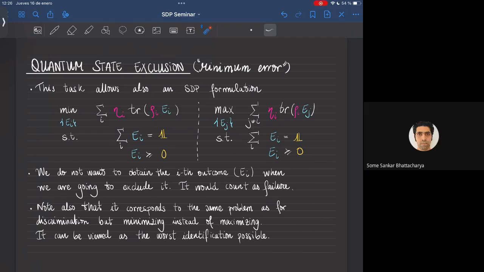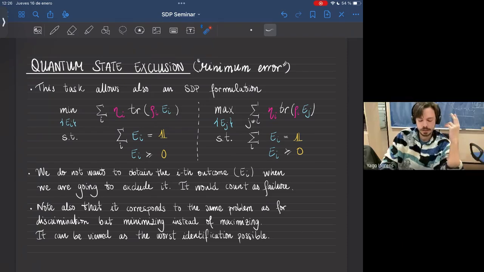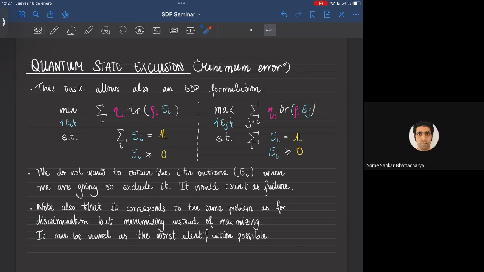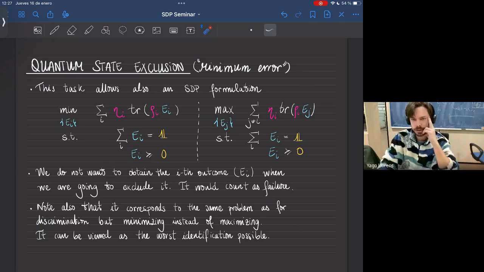So the success probability, even when you are performing the worst measurement you can, is fairly high. This is the intuition behind it.